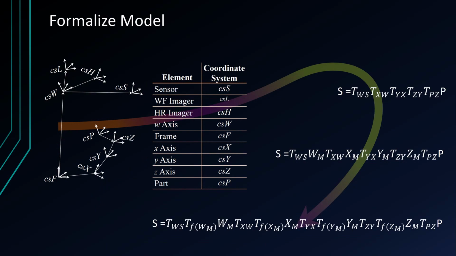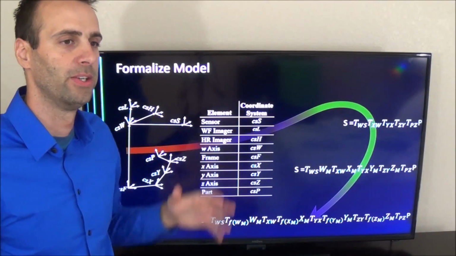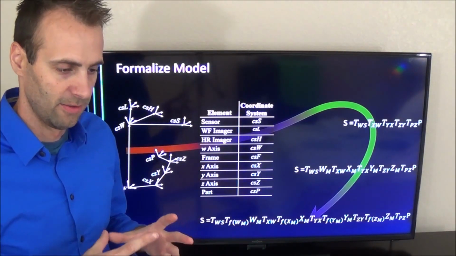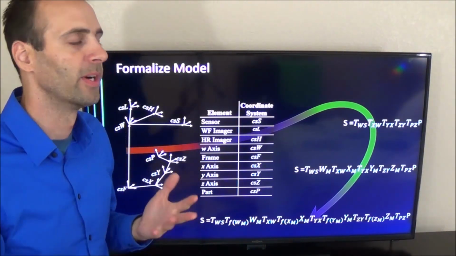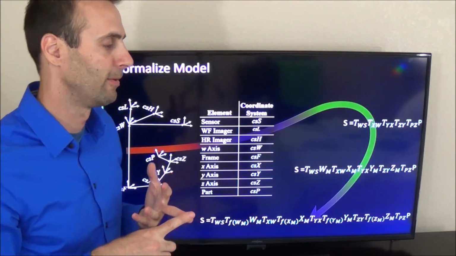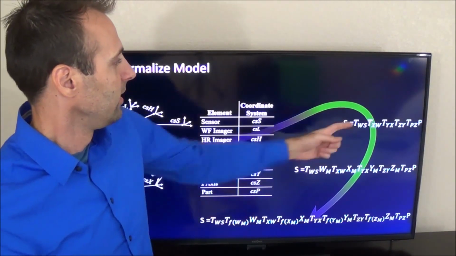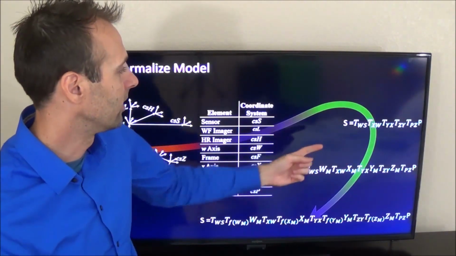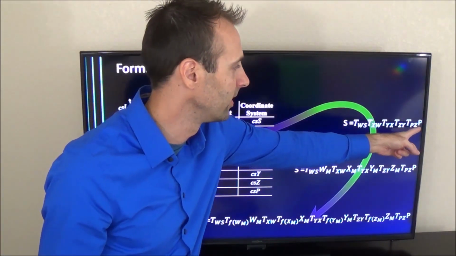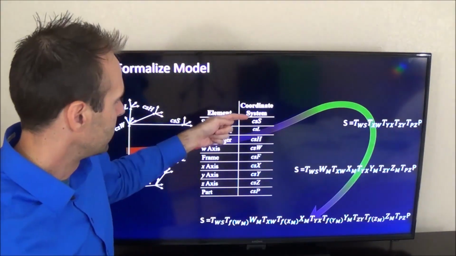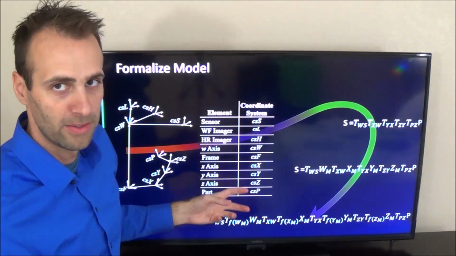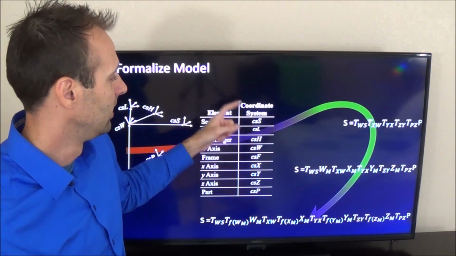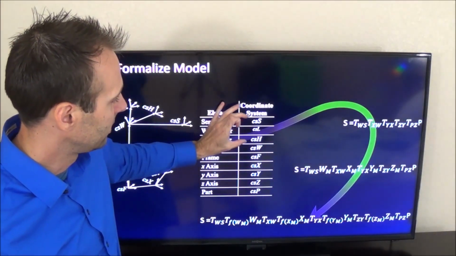Once you have your coordinate systems defined for each element, and where they are and what orientation they are from everything else, then you can just go through and start building your mathematical model. So in this one, remember, back to the letters, it would be P, Z, Y, X, F, W, and then W has a branch between these three.